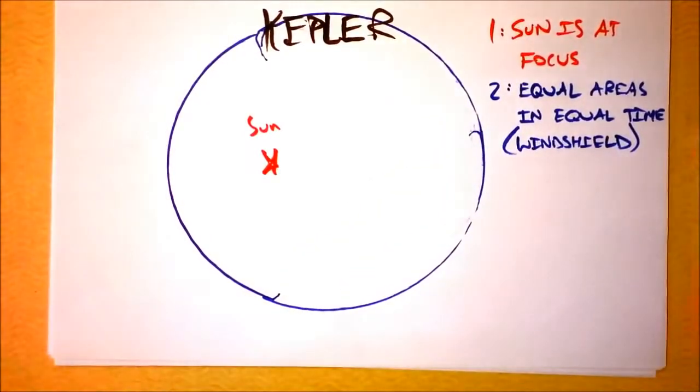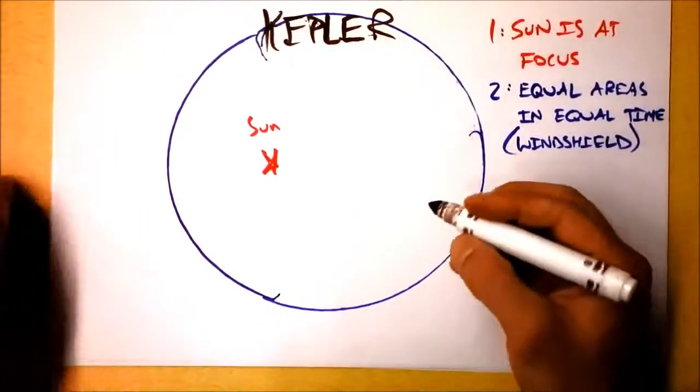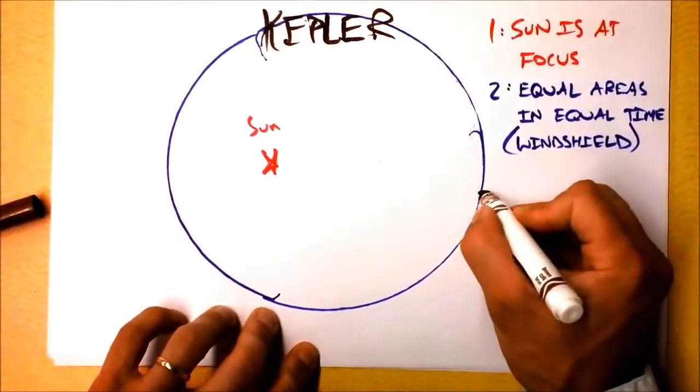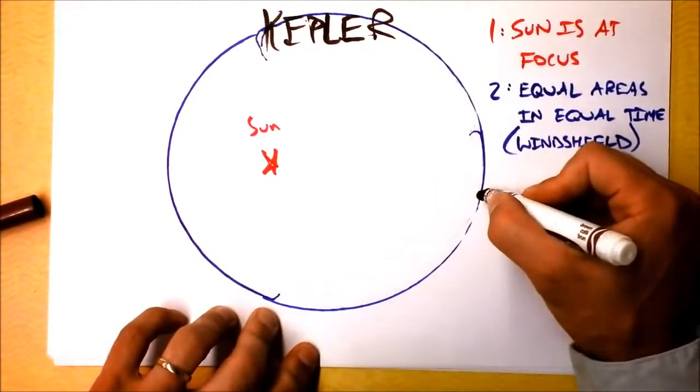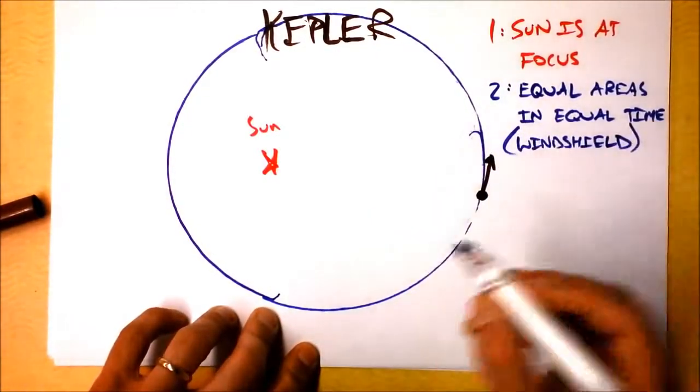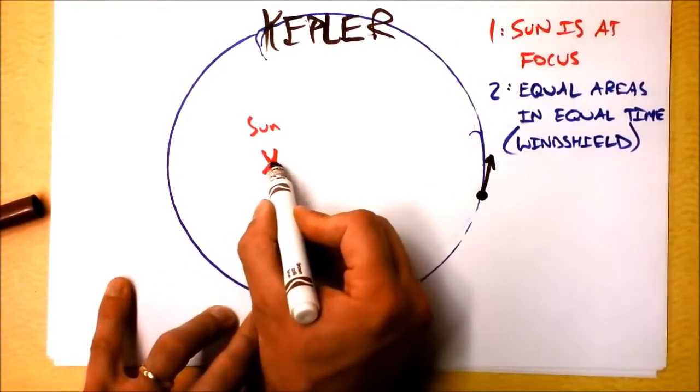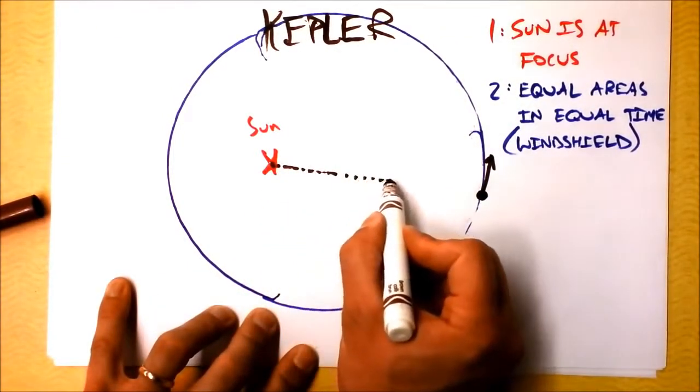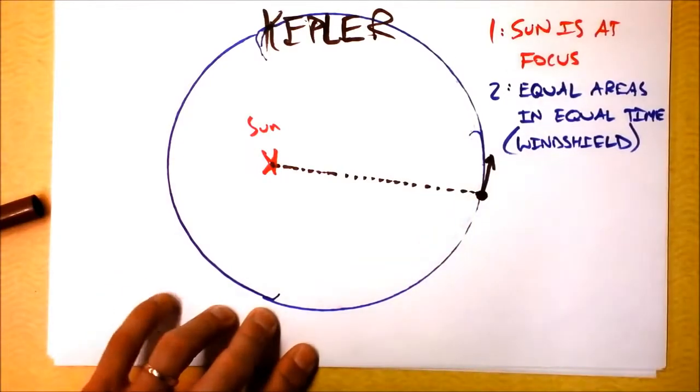The windshield law works like this. If you take the location of a planet at some moment in time, let's say it's a nice brown planet, and it's over here, and let's say that planet is going counterclockwise around the star, we could draw a windshield wiper from the sun to the planet.